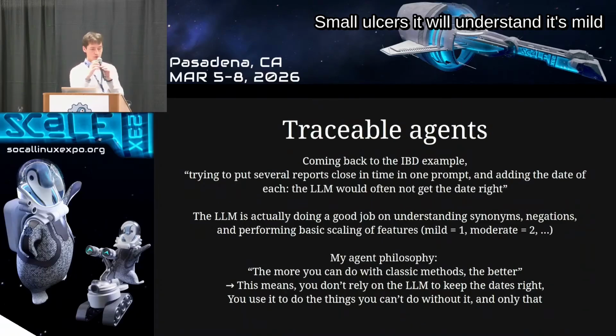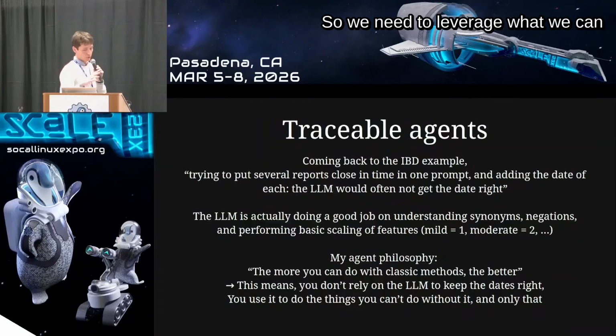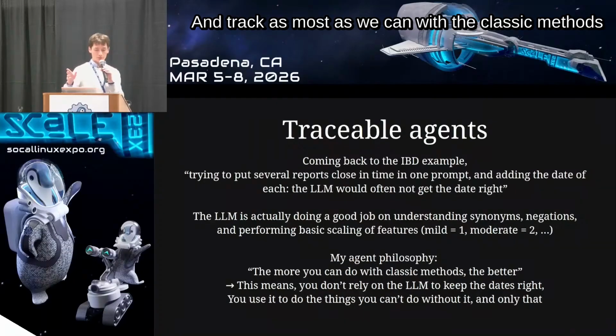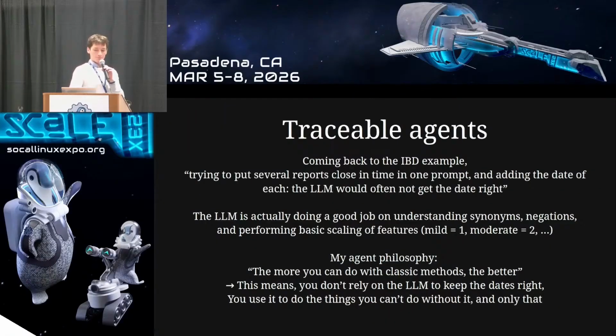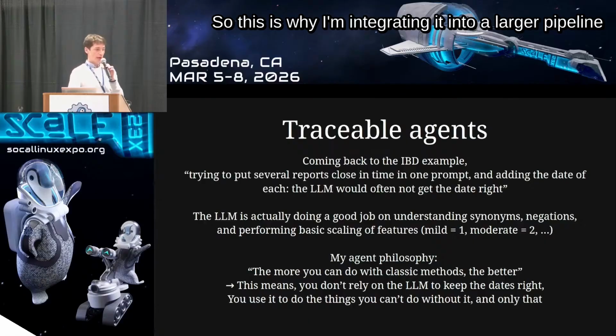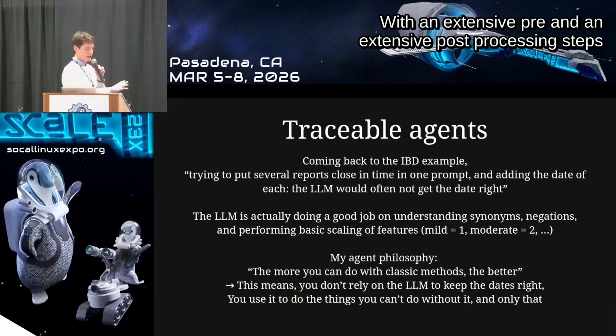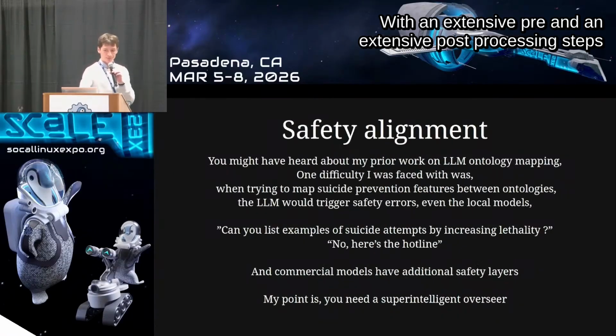Small ulcers, it will understand it's mild. So we need to leverage what we can and track as much as we can with the classic methods. So this is why I'm integrating it into a larger pipeline with extensive pre and extensive post processing steps.